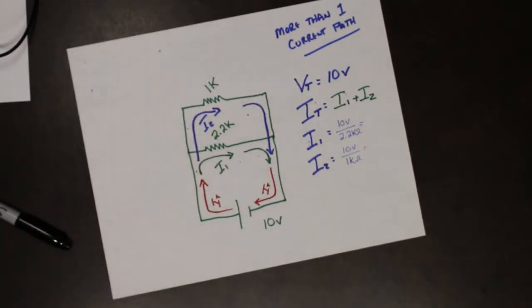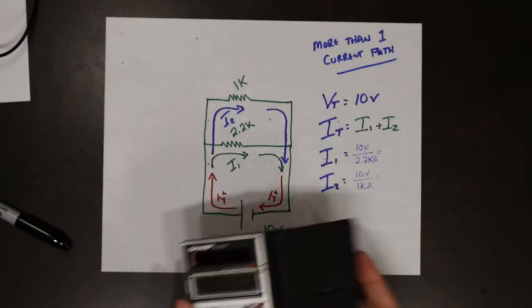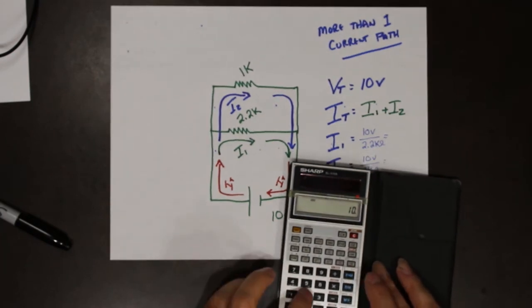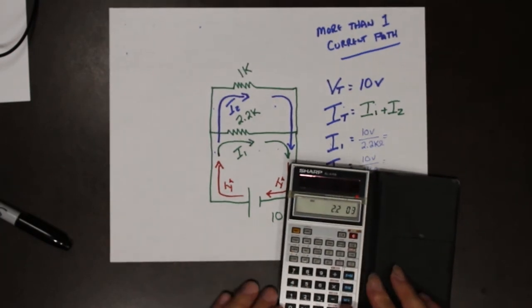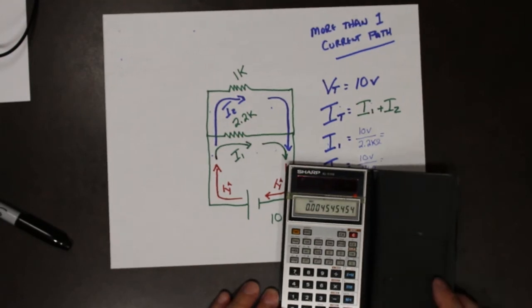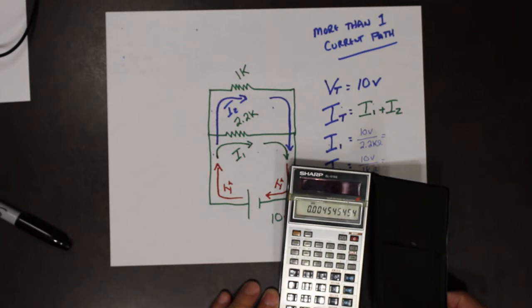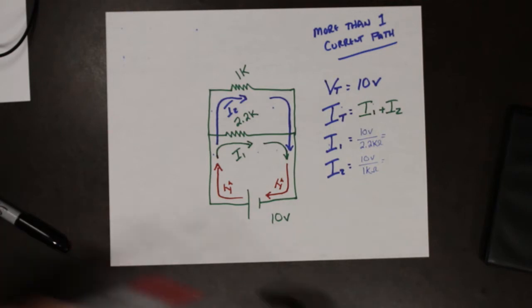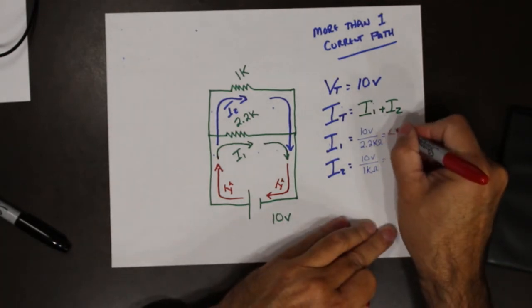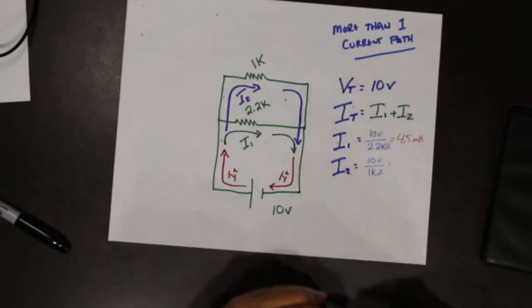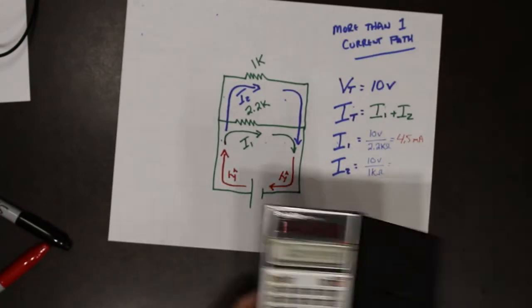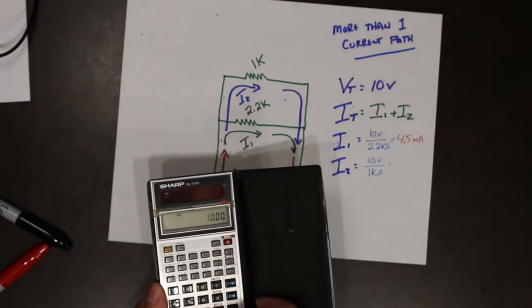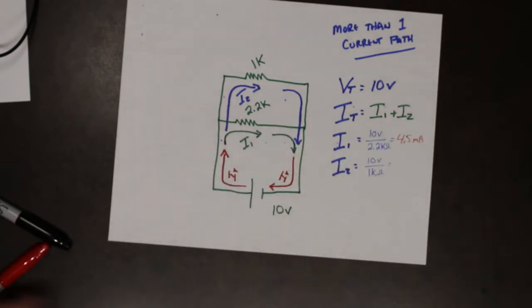So if we brought out the trusty calculator, we can say 10 volts divided by 2.2K equals 4.5 milliamps. Then we do 10 divided by 1K, 10 milliamps.